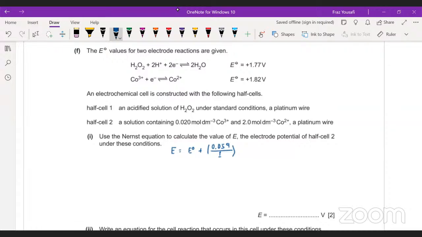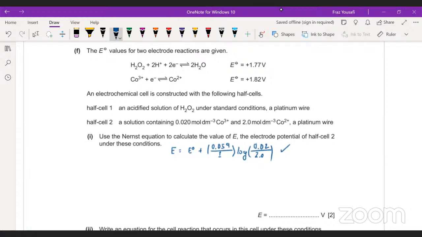Then you're going to multiply all of this by the log of the concentration of your oxidized particles over the concentration of your reduced. So log of 0.02 divided by 2. This is your Nernst equation.